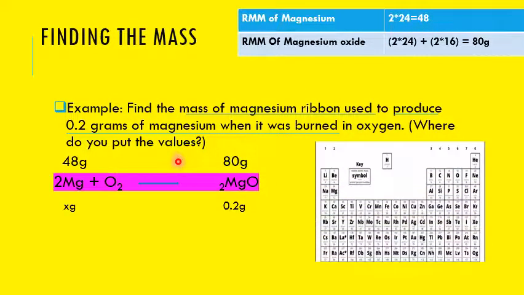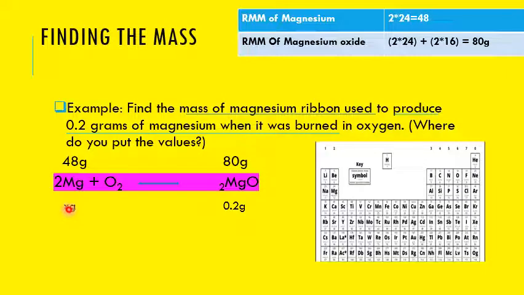For magnesium oxide, I have a 2 in the front here, times 24, which is the mass of magnesium, plus 2 again, times 16, because 16 is the mass of oxygen. I'm going to get the sum of the two, which is going to give me 80 grams. So this is why I have 80 grams up here and I have 48 grams here.